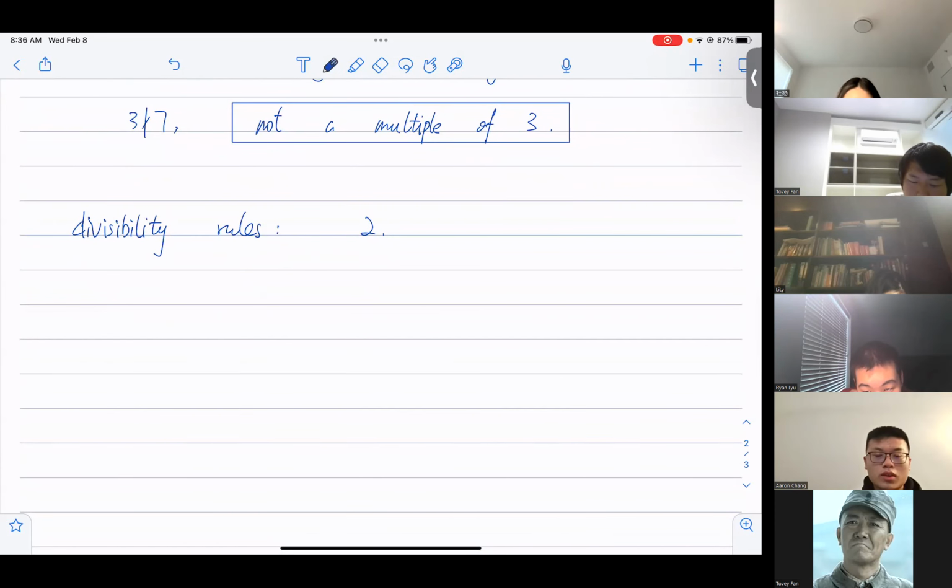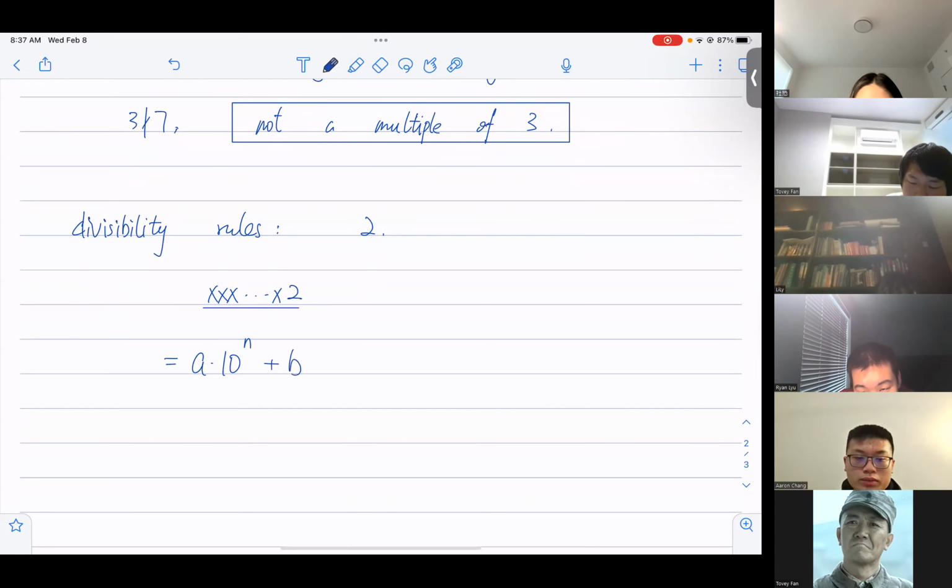And that's because if you have any number in the decimal system, any digits, whatever, okay? Say the first digit is a times 10 to some power, because it depends on how many digits you have, right? Say you have n plus 1 digits, okay?